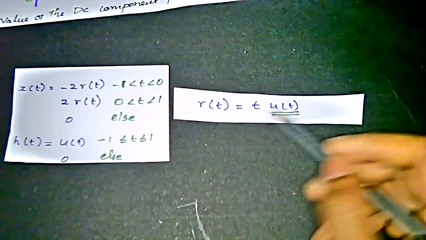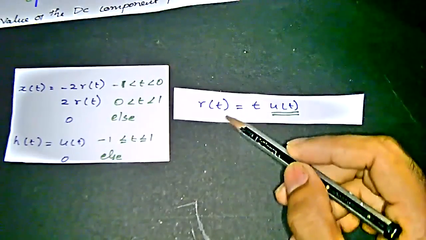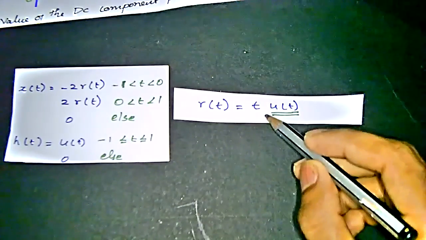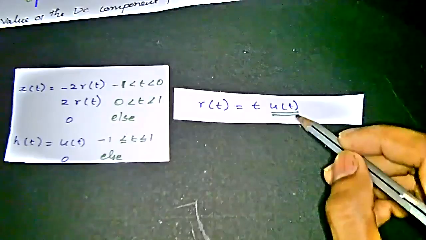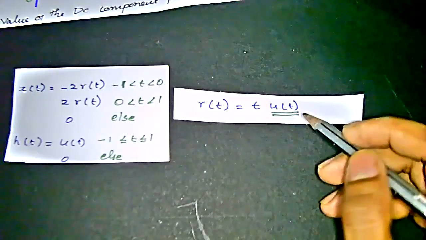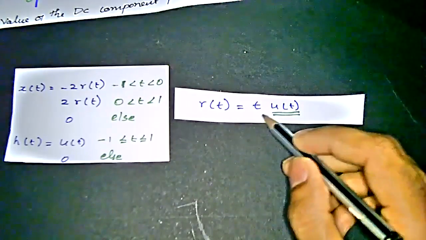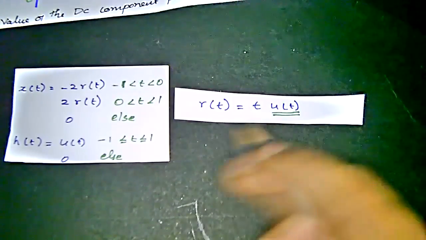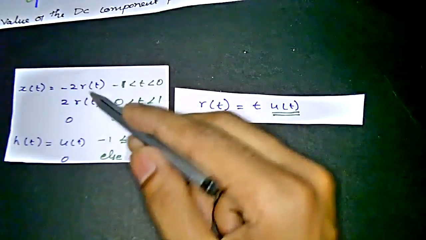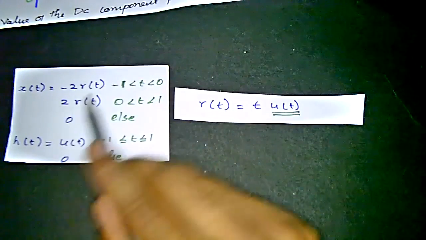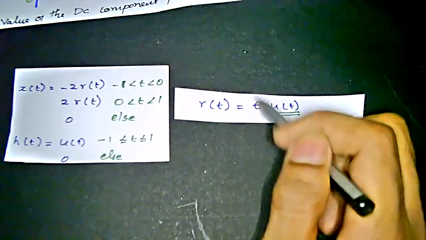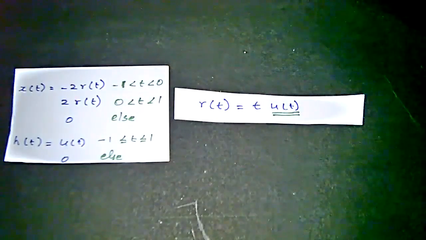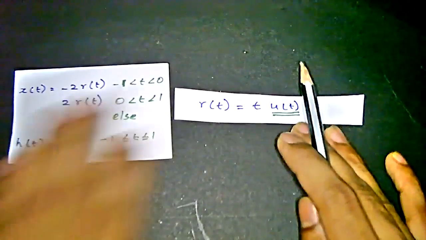So r of t equals t u of t, that is, the ramp signal is the step signal multiplied with the time. Applying this here, we will have minus 2 t u of t, and 2 t u of t.